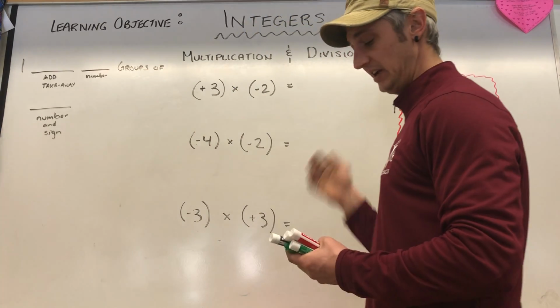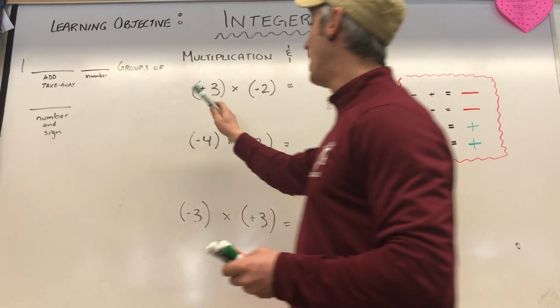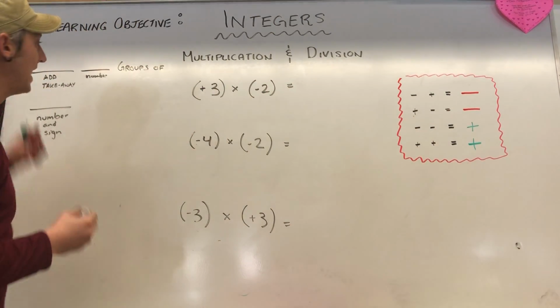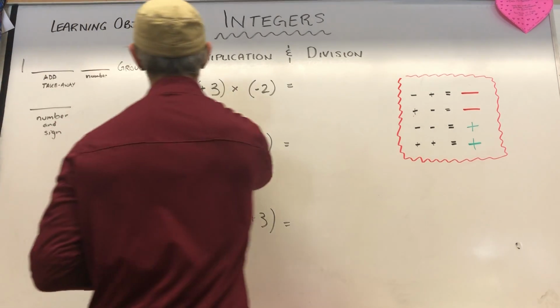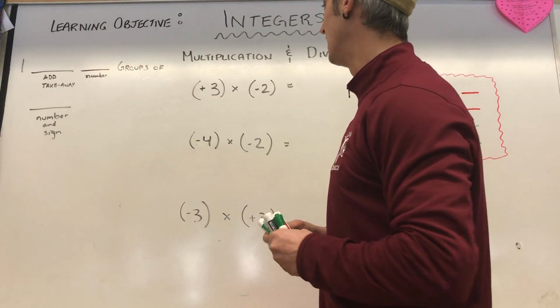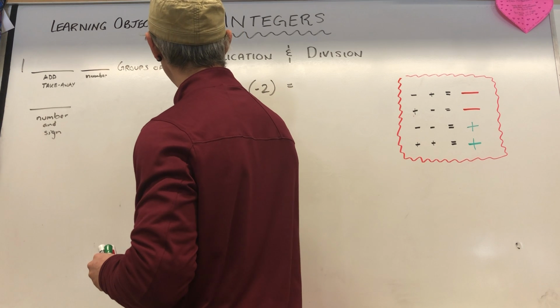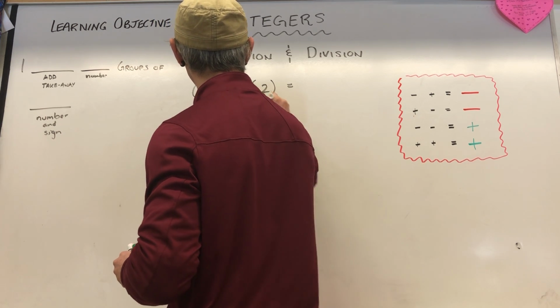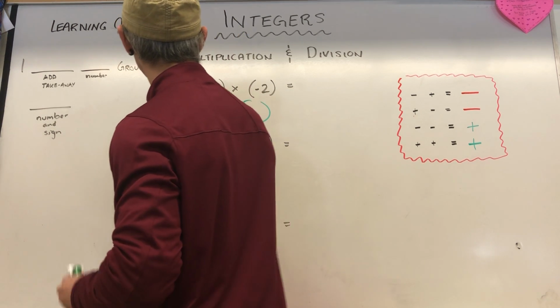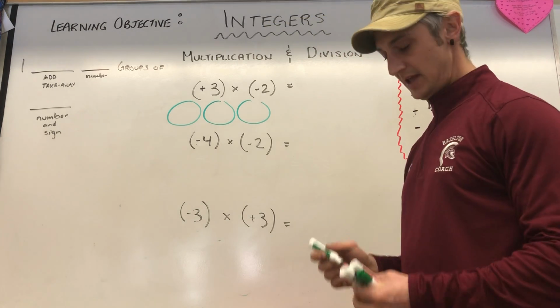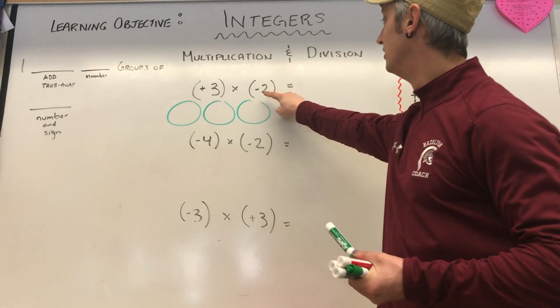Let's read this first one as a sentence. It's a positive, so I'm going to add. I add 3 groups, okay? These are groups. I'm adding 3 groups of negative 2.